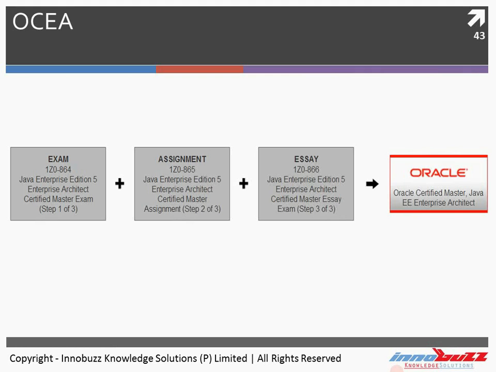Finally, you have an essay which completes your certification, an essay with code 866, Java Enterprise Edition Enterprise Architect Certified Master Essay Exam. So these three steps and the exams are necessary to get Oracle Certified Master Java Enterprise Edition Enterprise Architect.